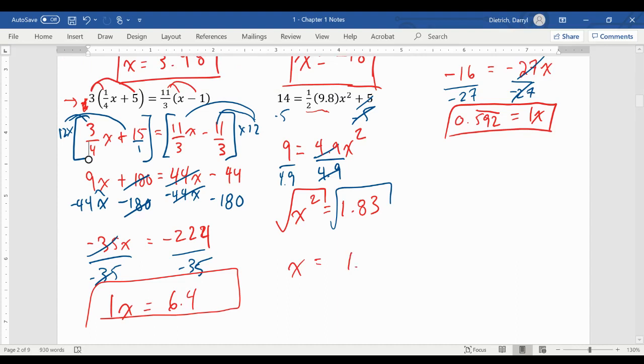And the minor trick here is that when we're doing the square root of a number, our answer can be plus or minus. So I'll just put a plus or minus in front of our answer. Put a box around that guy, and we're done.